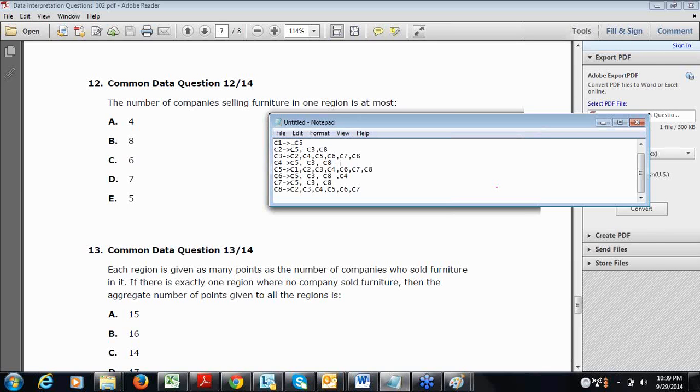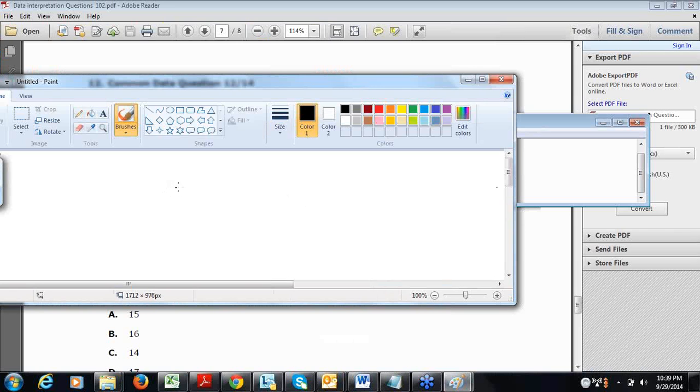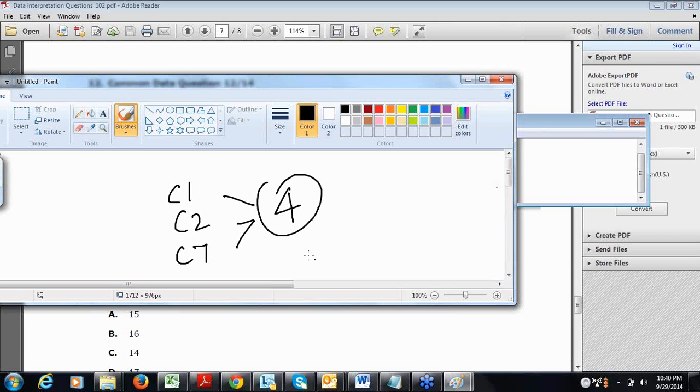Okay. So the region, let me explain it through this also. If a region has C1, C2 or C7, the maximum possible computers can be only 4. If you see the computers, it can be maximum 4 computers.